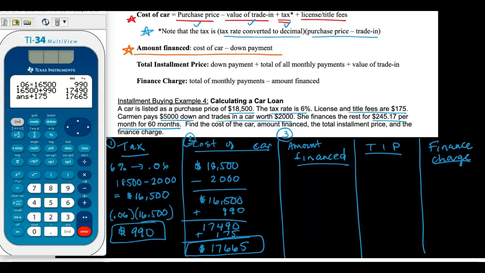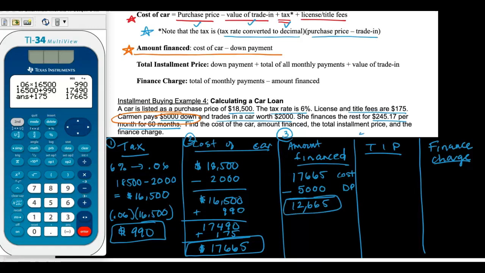And so I'm going to take the $17,665, so that's the cost of the car, minus the down payment. And it says in the problem that Carmen makes a down payment of $5,000. So I'm going to subtract $5,000 from that number. And I end up getting $12,665. So that's the amount that's borrowed from the bank.